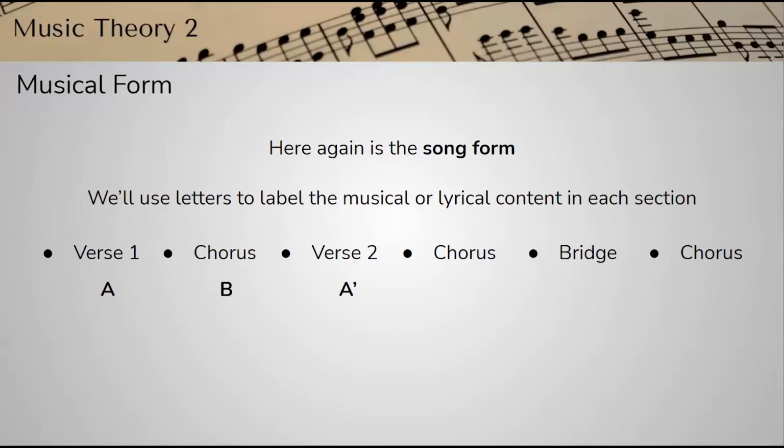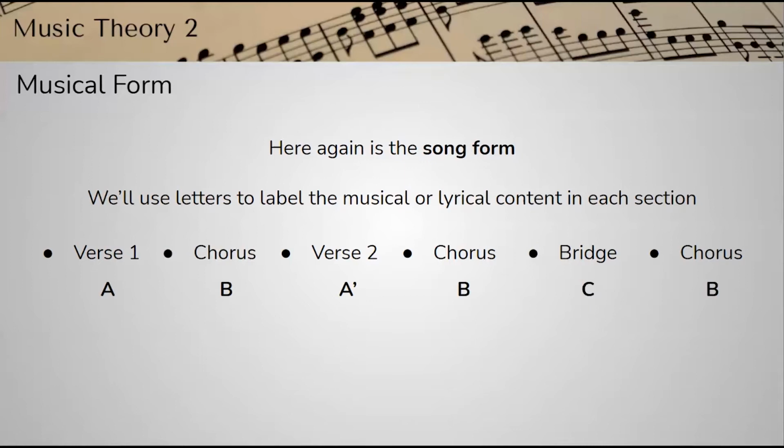Now the chorus, usually when choruses repeat, they're exactly the same as they were before. So that would be just normal B since it's a repetition. And then a bridge is normally completely new stuff, right? It's not related to a verse, a chorus, or anything else, right? It's new stuff, so we would give that the letter C. And then in our hypothetical song here, we return to that chorus again, right?